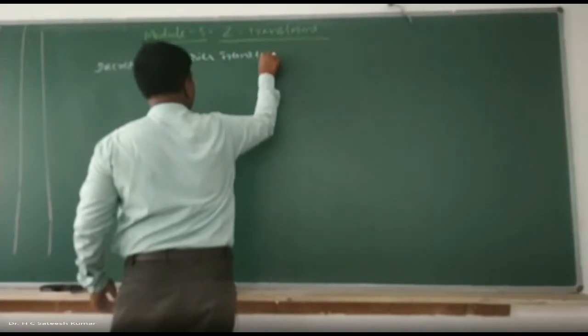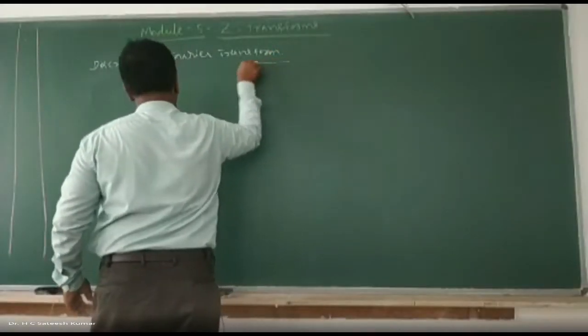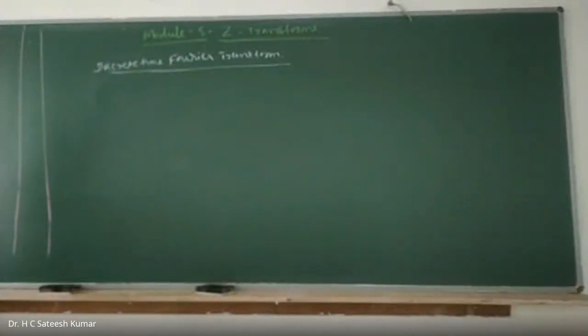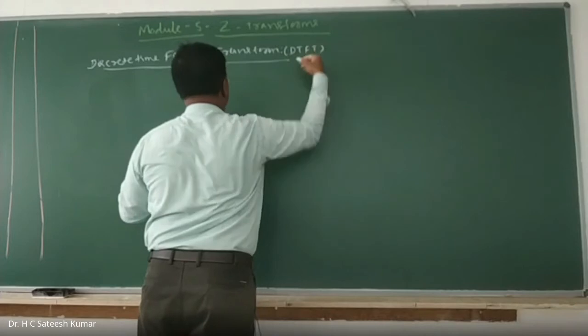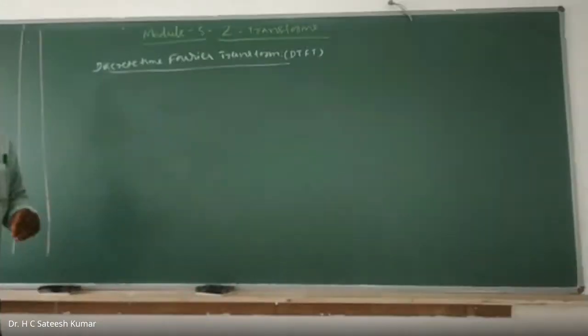I will not do the detailed study of the discrete time Fourier transformation; I will do this in module number 4 in detail. For the time being, I want to relate Z transformation and Fourier. For that sake, this is known as DTFT, discrete time Fourier transformation.